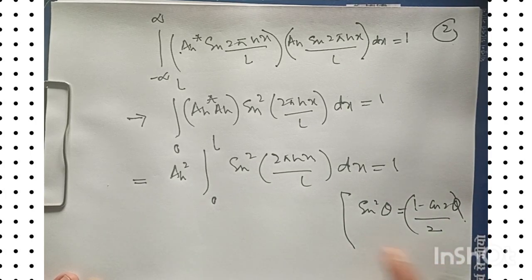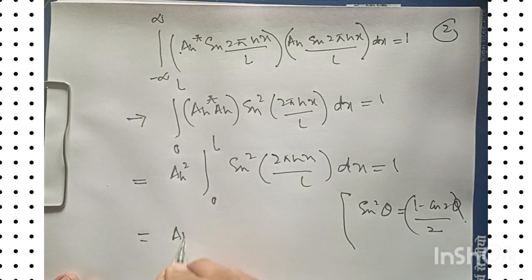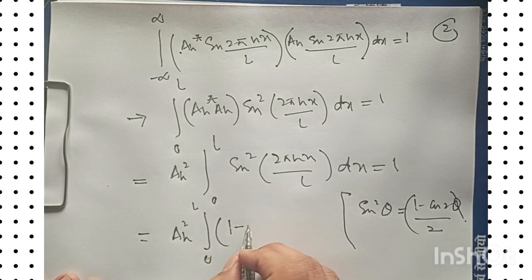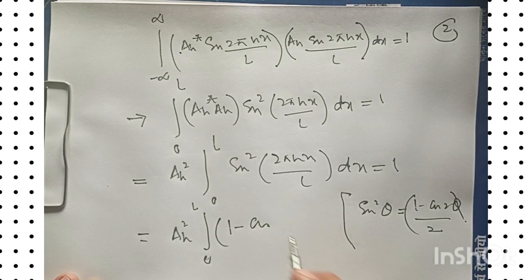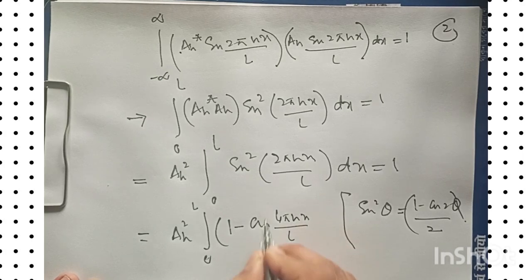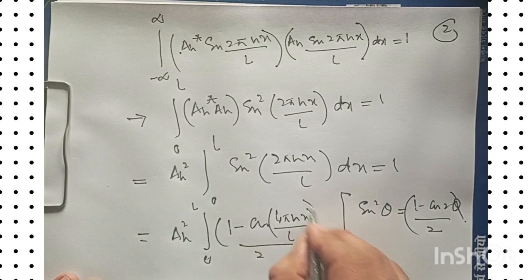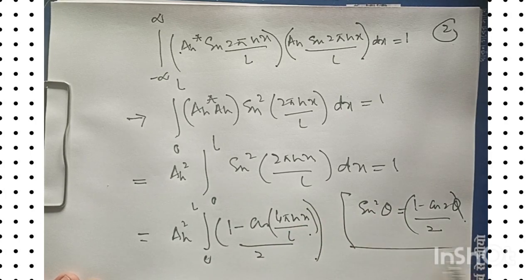So we can use this formula in this equation. So what we'll have is An square times, from 0 to L, 1 minus cos of 4 pi nx by L, and this whole thing should be divided by 2, and this whole thing is equal to 1.